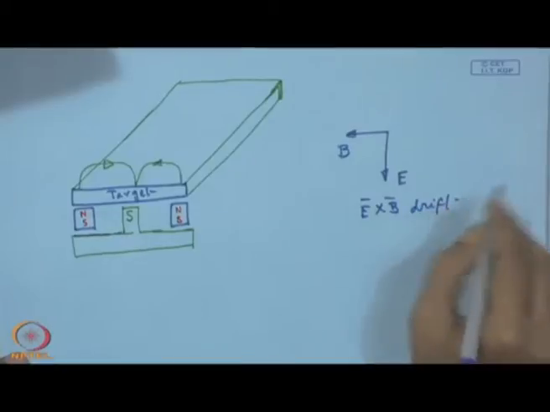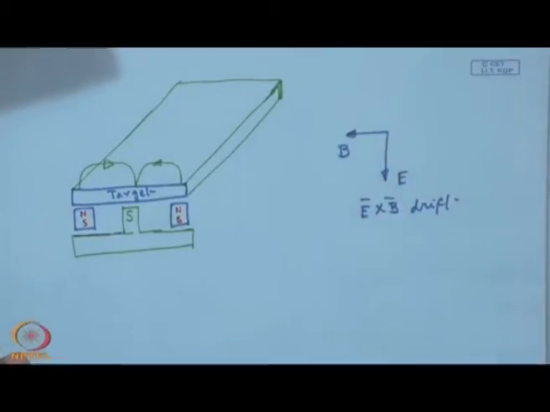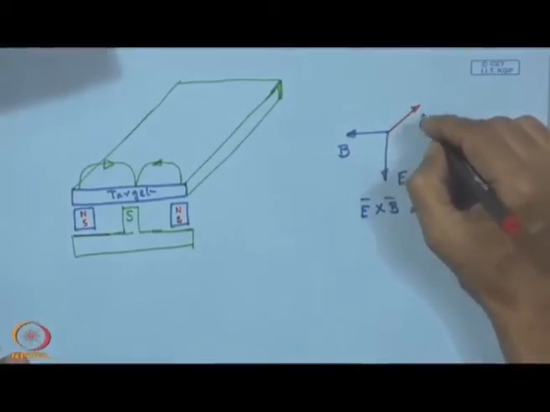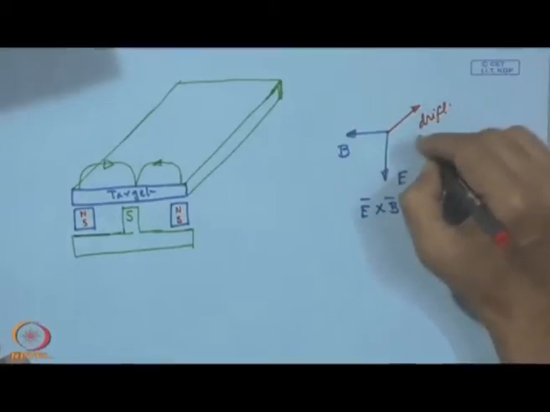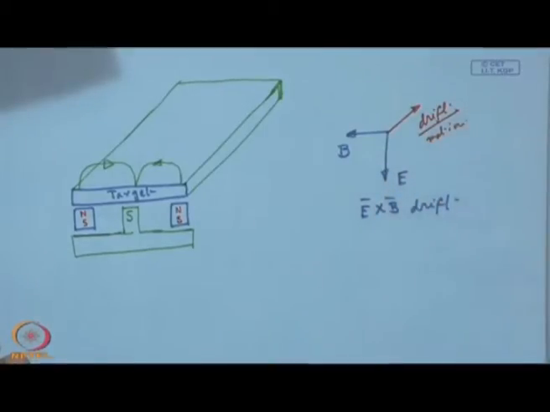motion, and that drift motion will be like this. So, the drift motion will be in this direction. Here we expect one drift motion, that means these electrons are actually locked.